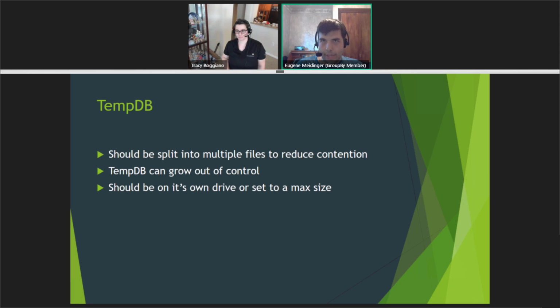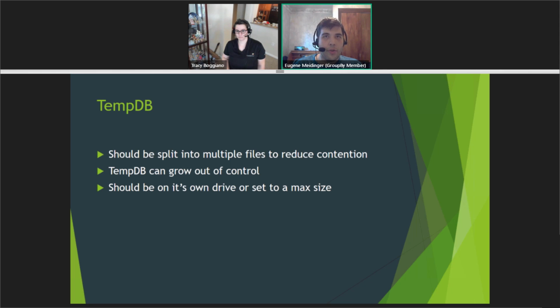Something to be careful about is where you place TempDB. TempDB, as Brent likes to call it, is the public toilet of SQL Server, which means all these temporary objects, all this temporary information gets dumped there. And I've seen queries run on a server that are very poorly defined and just blow it out of control and take up gigs and gigs and gigs of space. So you need to make sure that if that happens, it's not going to interfere with anything else.